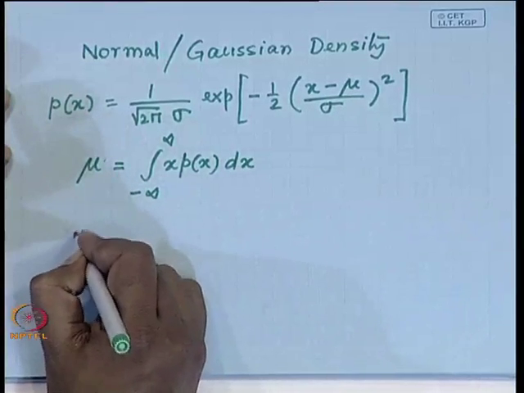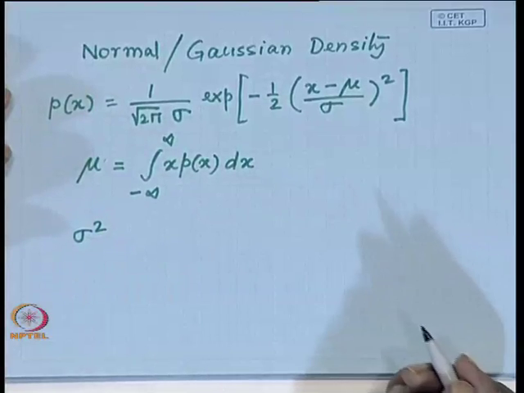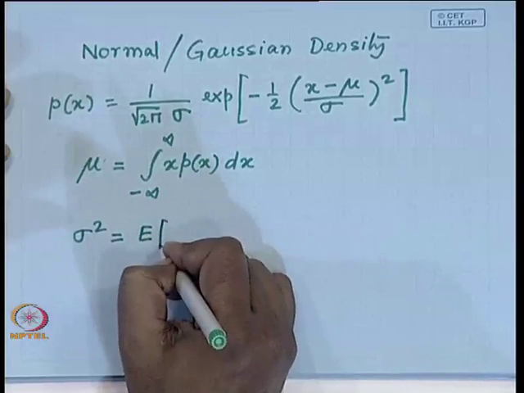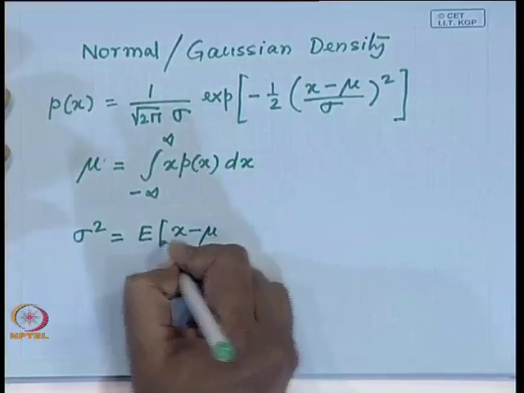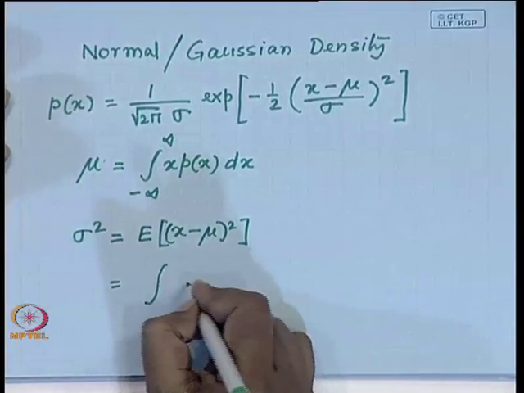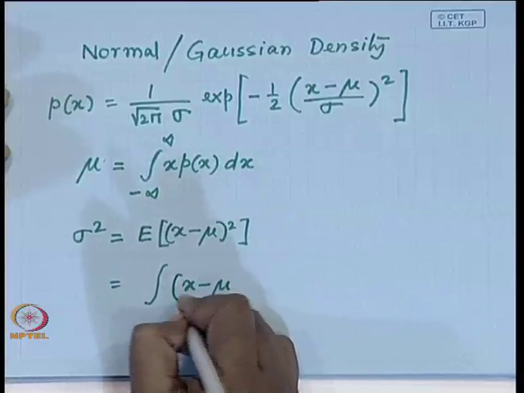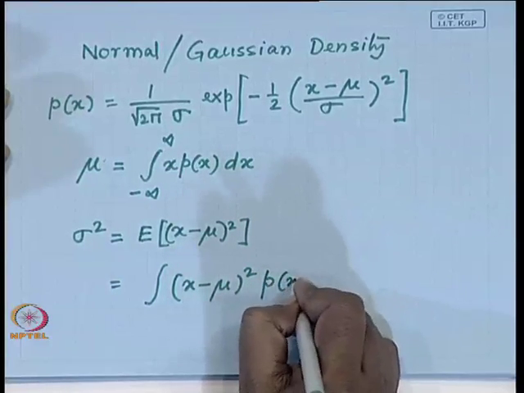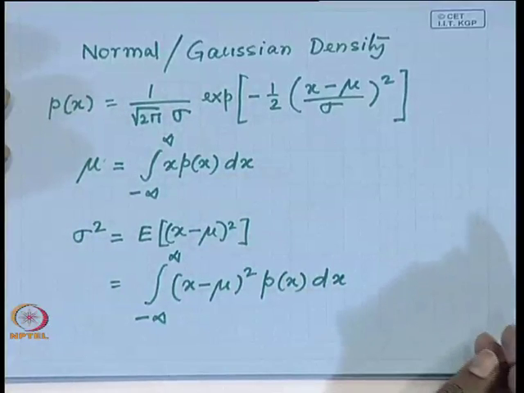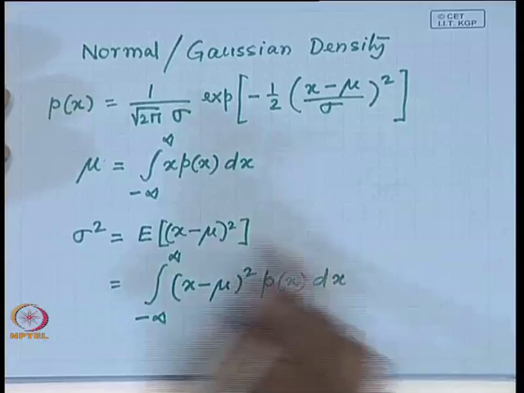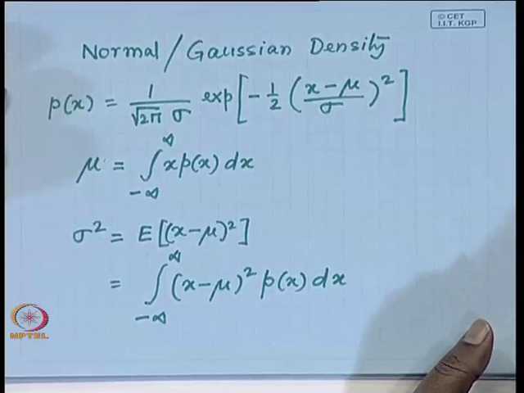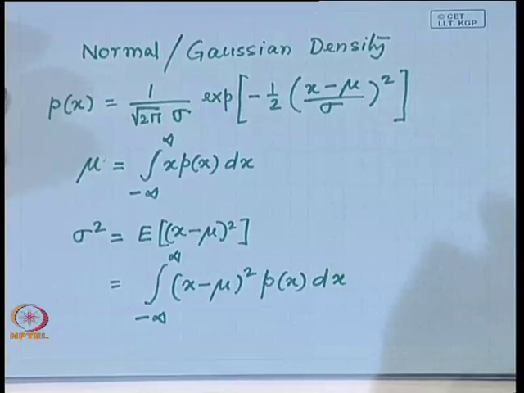And sigma square, which is the variance, or sigma, which is the standard deviation, is simply given by the expectation value of (x minus mu) square, which is nothing but integration of (x minus mu) square p of x dx. Again you take the integral from minus infinity to plus infinity. So, this is the expression of the normal or Gaussian density in a single variable case.